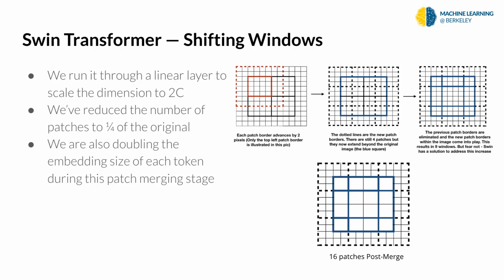Every time we merge these 2x2 patches, we double the embedding size of each token during the patch merging stage. So our C changes as we go through our network. And that intuitively makes sense, right? We're combining patches, so we're increasing the amount of information contained in every patch, and we want that to reflect in C, or our embedding size.